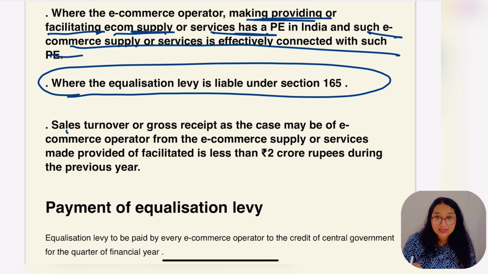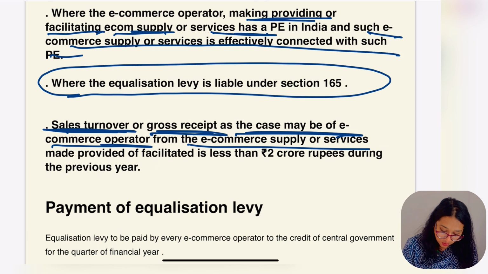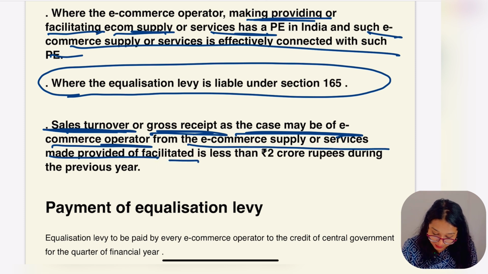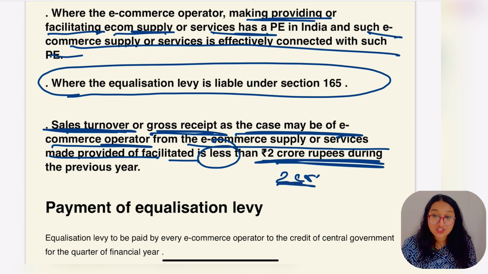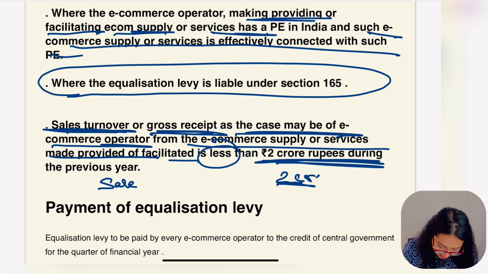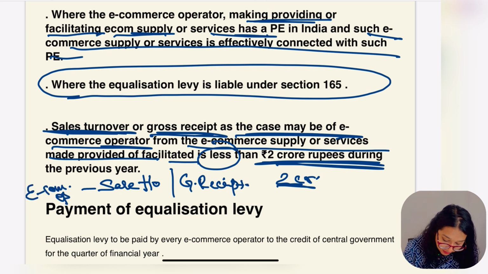And this is the third point, which says the sale turnover or the gross receipt, as the case may be, of the e-commerce operator from e-commerce supply or services made, provided or facilitated is less than 2 crore rupees during the previous year. What are they saying? The sale turnover or the gross receipt of whom? The e-commerce operator, from what?